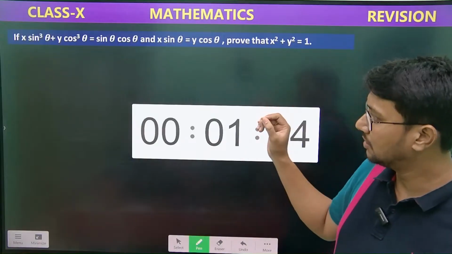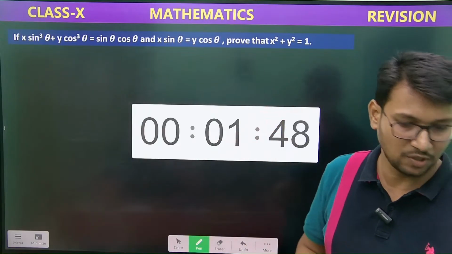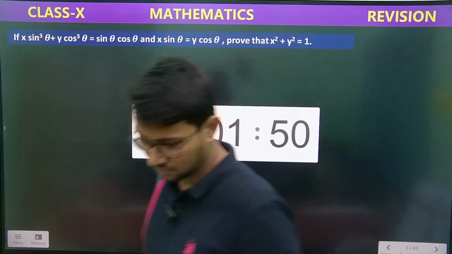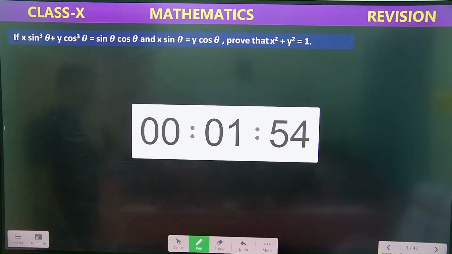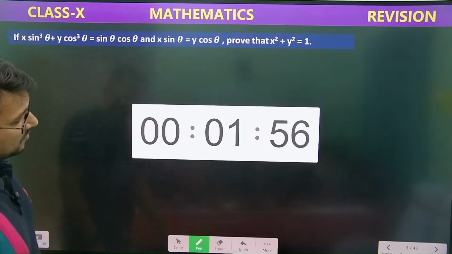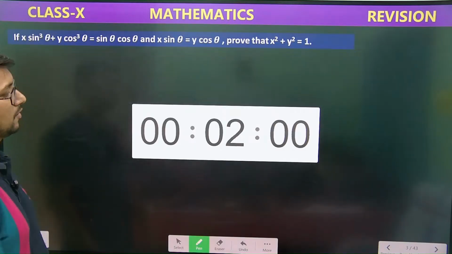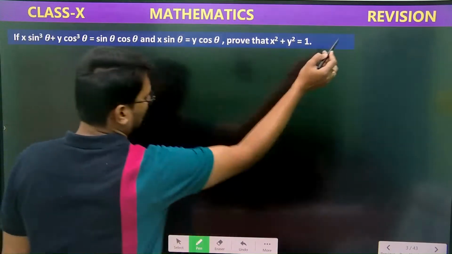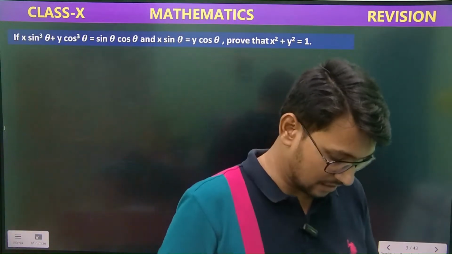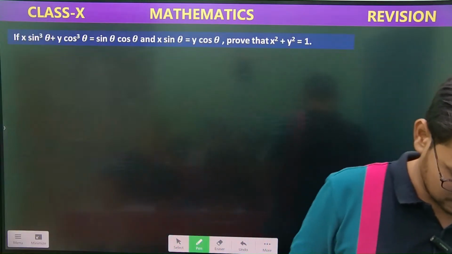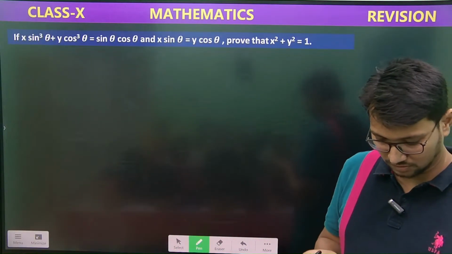But first read the question, then solve. Okay, be cool. Now children, 4 seconds left, 3 seconds, 2, 1, go. Done. Over. How many of you have completed? Yes, write it down.